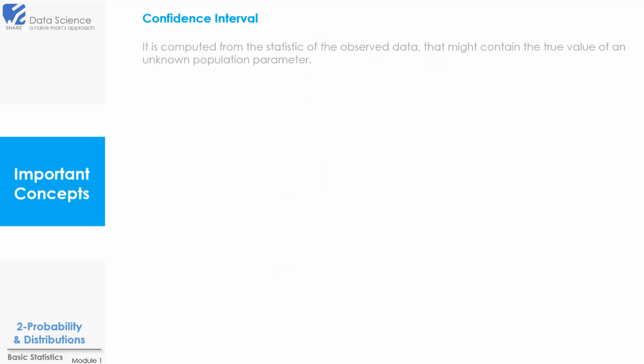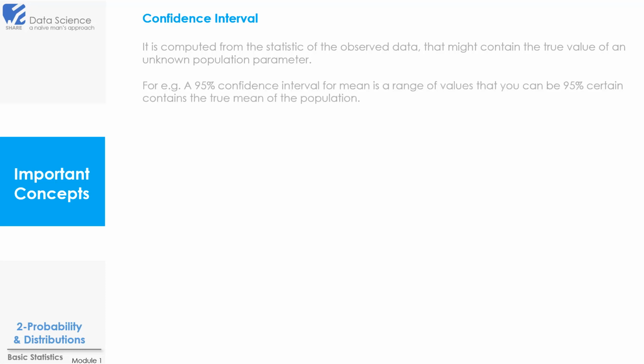Now as I said, confidence interval is computed from the statistic of the observed data that might contain the true value of an unknown population parameter. For example, a 95% confidence interval is a range of values that you can be 95% sure contains the true mean of the population.